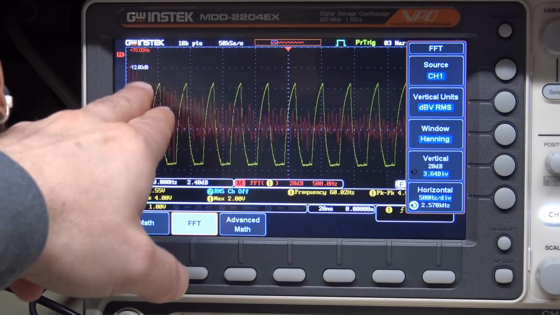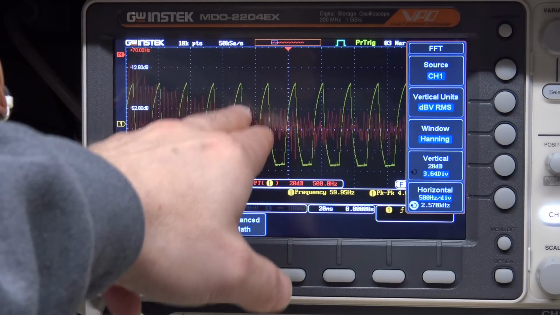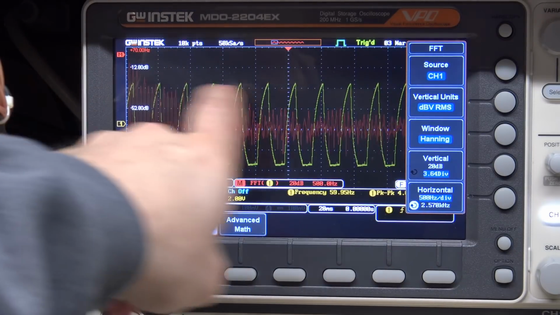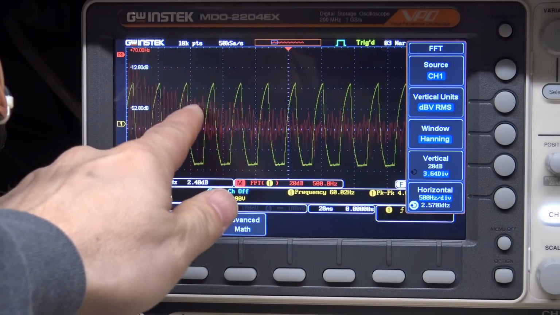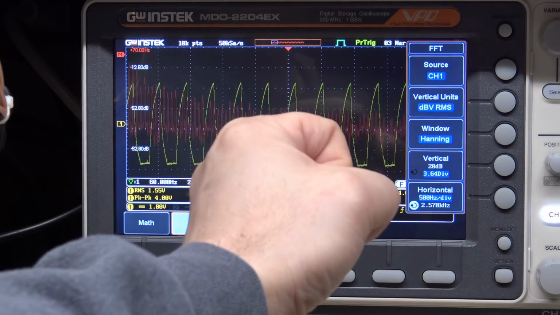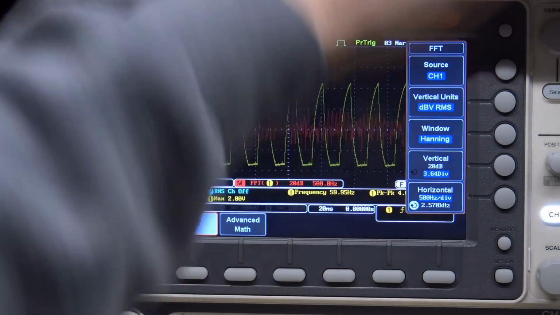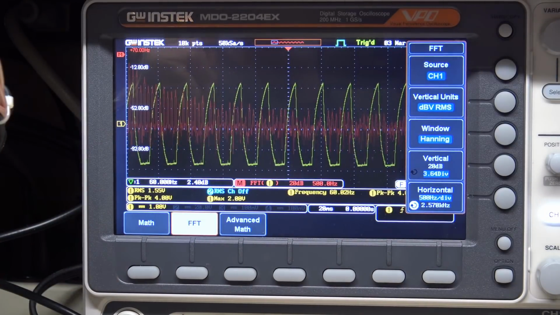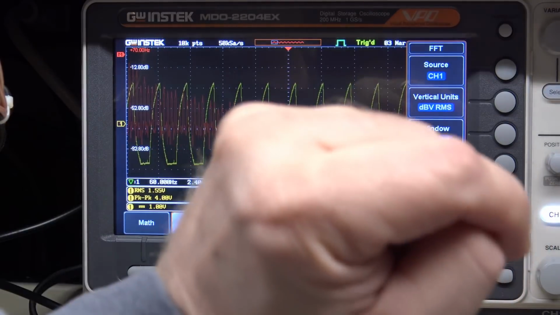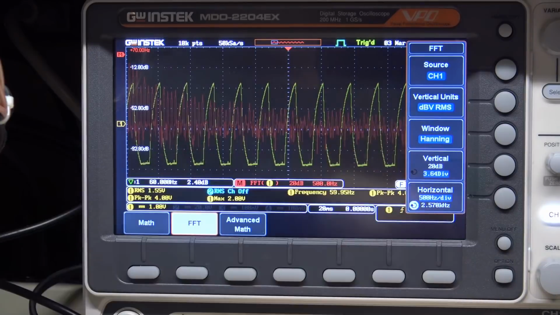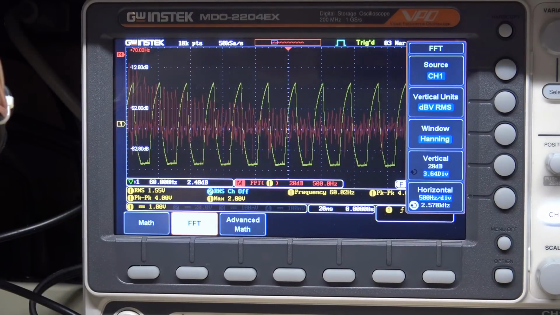And if you take all of the amplitudes of all of these little red peaks here, and square each one of them, so times it by itself, add all those numbers together, then divide it by the number of these little peaks we have. You following me? And then take the square root of that, it would give you the average value of this yellow waveform here, which would be the RMS value. I hope that makes sense.